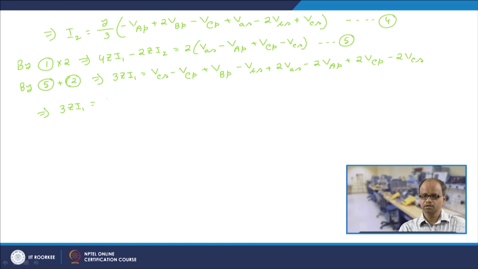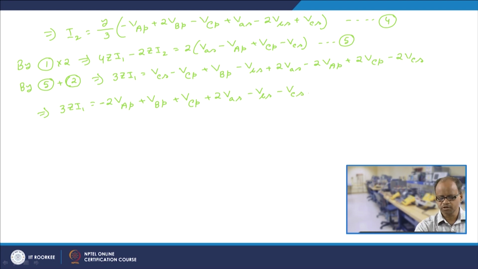First we collect VAP, so we get minus 2 VAP, plus VBP, and then plus VCP, and then plus 2 VAS, and then there will be minus VBS and minus VCS.